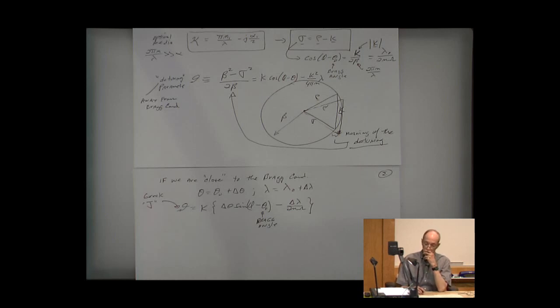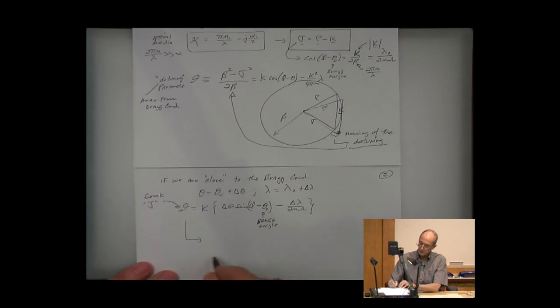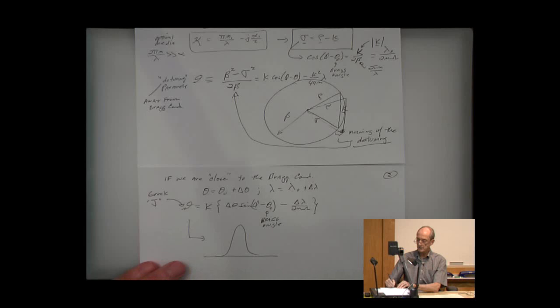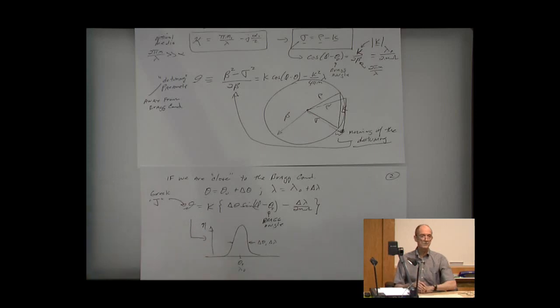All right, and this detuning parameter is also very important because it's going to tell us the characteristics of the efficiency curve. If we're plotting here the diffraction efficiency, and here we have either theta 0 or lambda 0, this delta theta or delta lambda is giving you the full width half max of that efficiency curve.